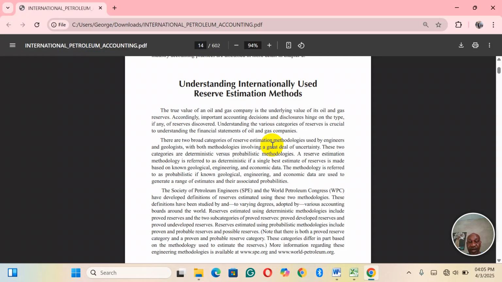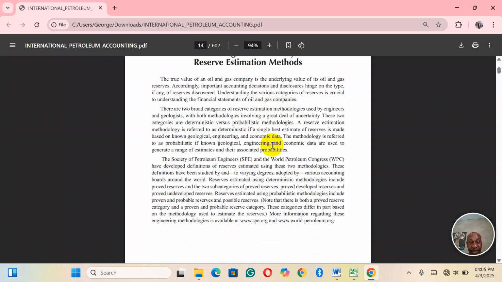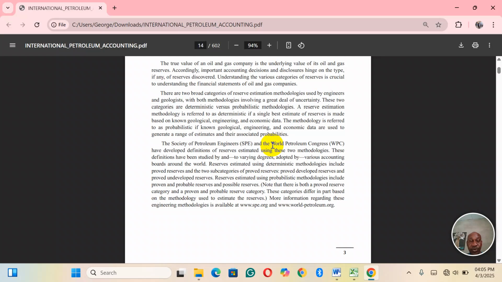Understanding the various categories of reserves is crucial to understanding the financial statements of oil and gas companies. There are two broad categories of reserve estimation methodologies used by engineers and geologists, and both methods involve a great deal of uncertainty.